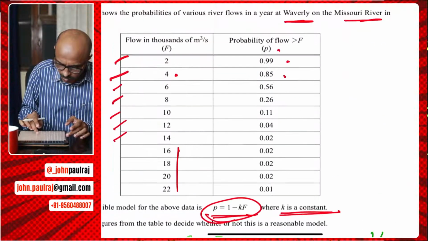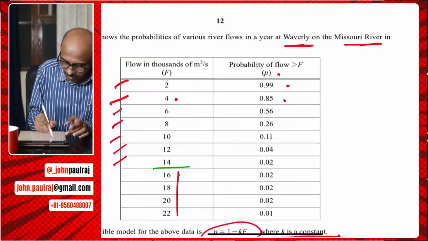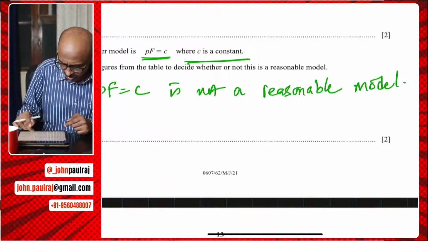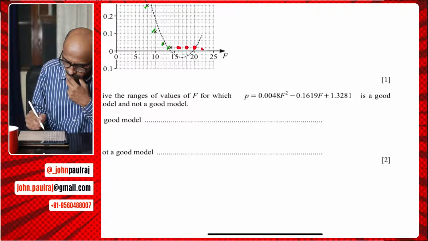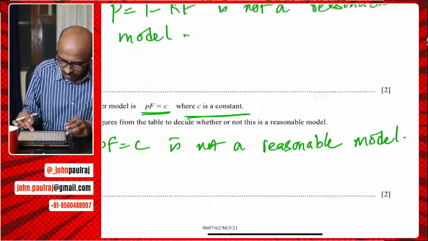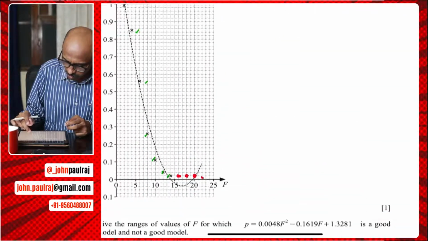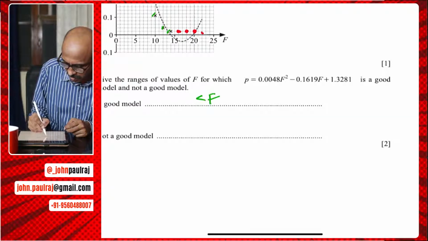So the 7th point was what? The 7th was 14, and remember this is in thousands. The flows are in thousands of meter cube, so it's not 14, it's 14,000. That's how you should write it. So it's a good model for, what's the initial value? Let me just check. From 2000. So it's a good model for f greater than or equal to 2000 to 14,000.